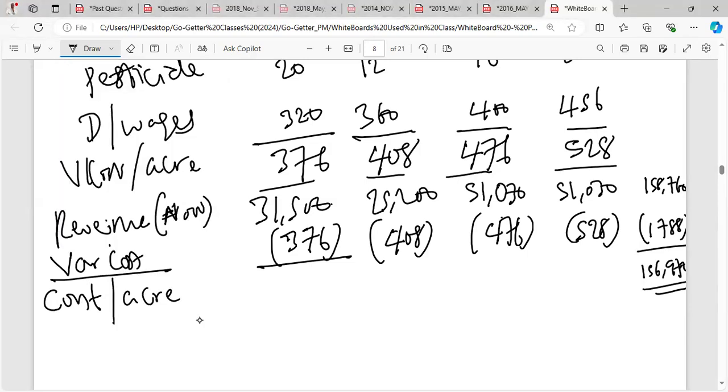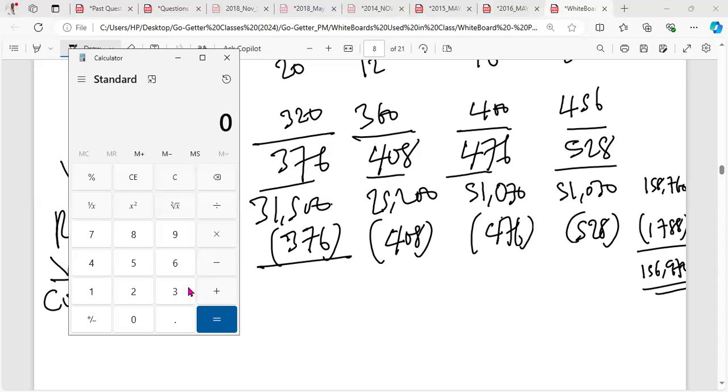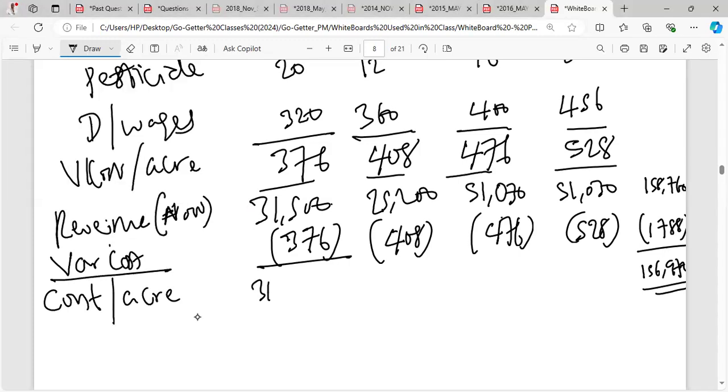That is what it will be here. Let me do these other ones individually. 31,500 minus 376, 31,124.